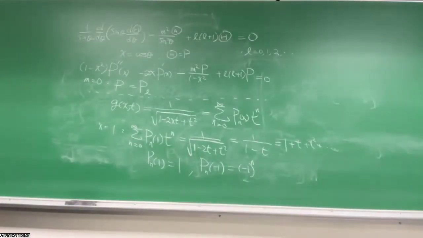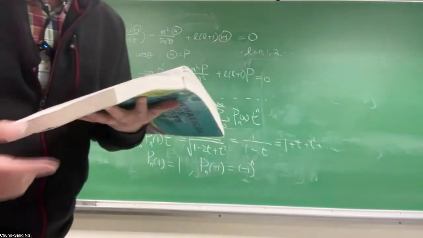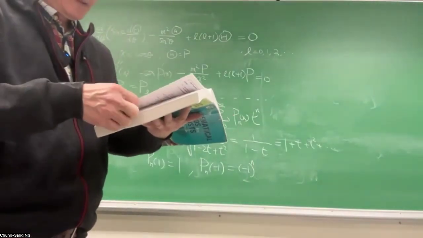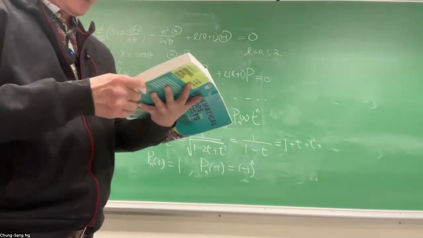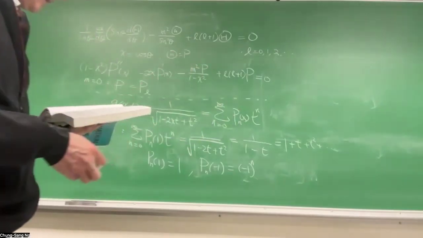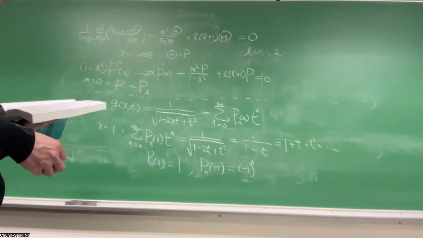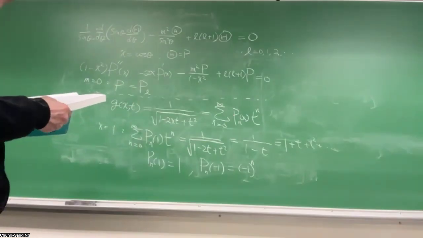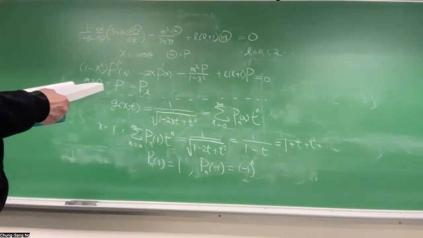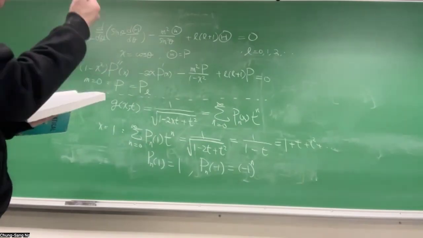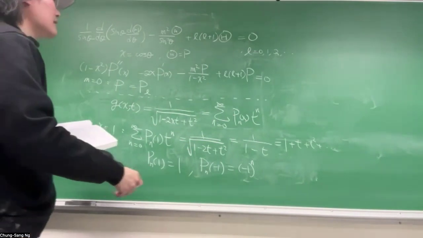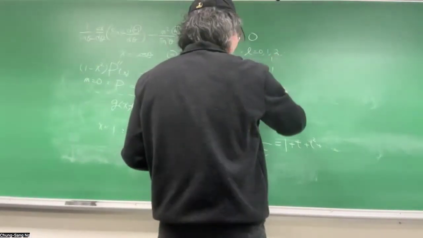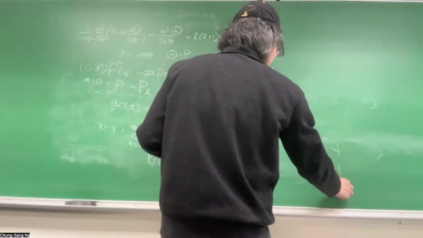And then the next one is slightly more difficult. I'm going through this equation. The next one is what I tried to do at first, x equals 0.